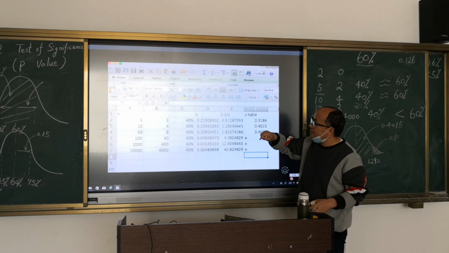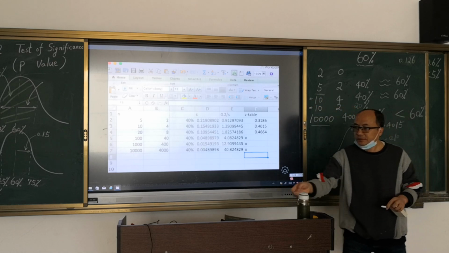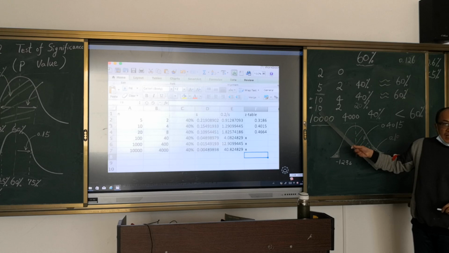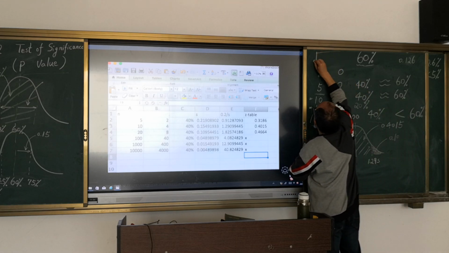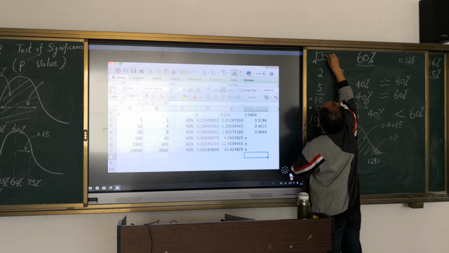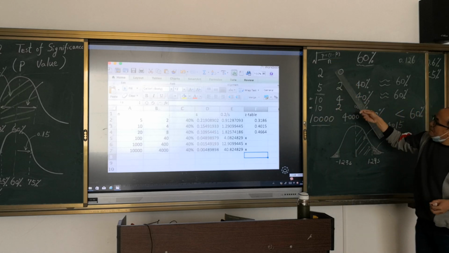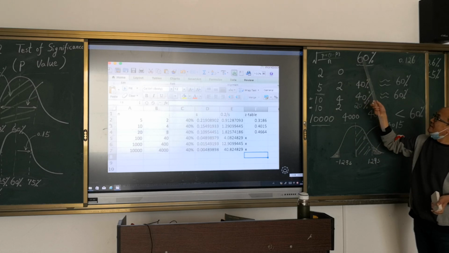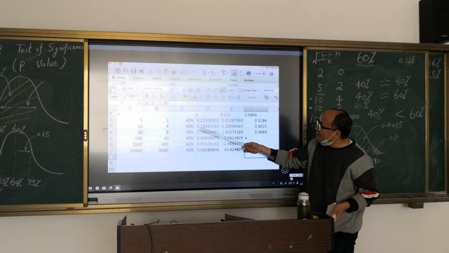First of all, this case and this case have the same standard deviation, because the standard deviation rule is the square root of P times 1 minus P divided by N. In both cases, N is 10. So it's the same standard deviation, 0.15.